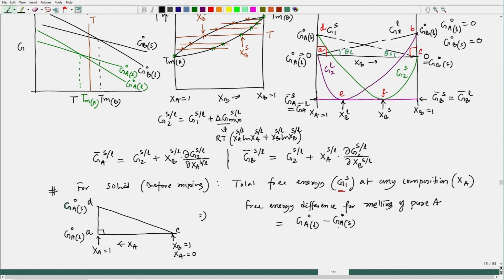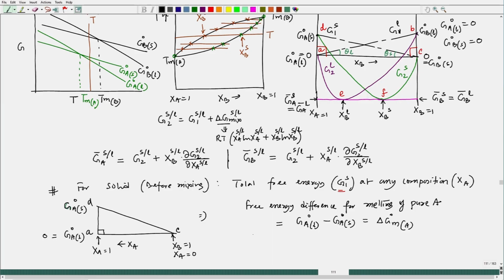Since we are taking melting, the final phase is liquid. So this can be termed as delta G naught M, for melting for A. Now we see that liquid is assigned as 0 as per this particular free energy composition diagram.